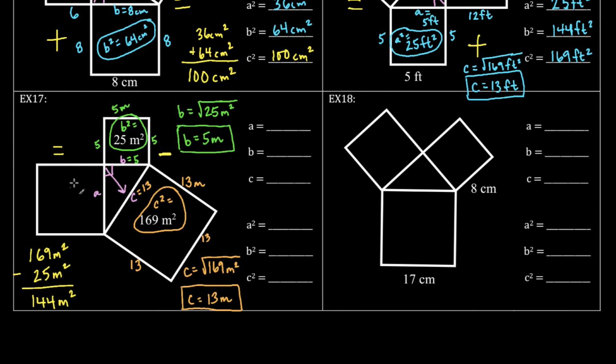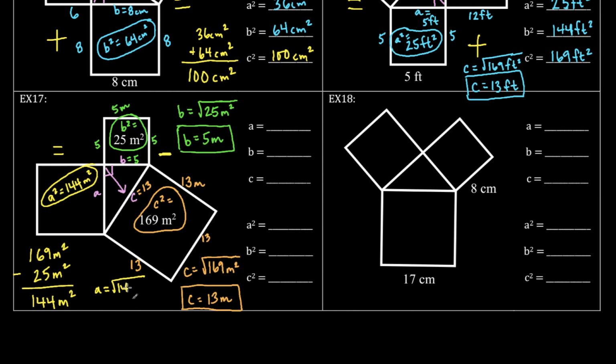So this is, that was A, this is A squared. A squared is 144 meters squared. And then I got to take the square root of that. So A is the square root of 144 meters squared.